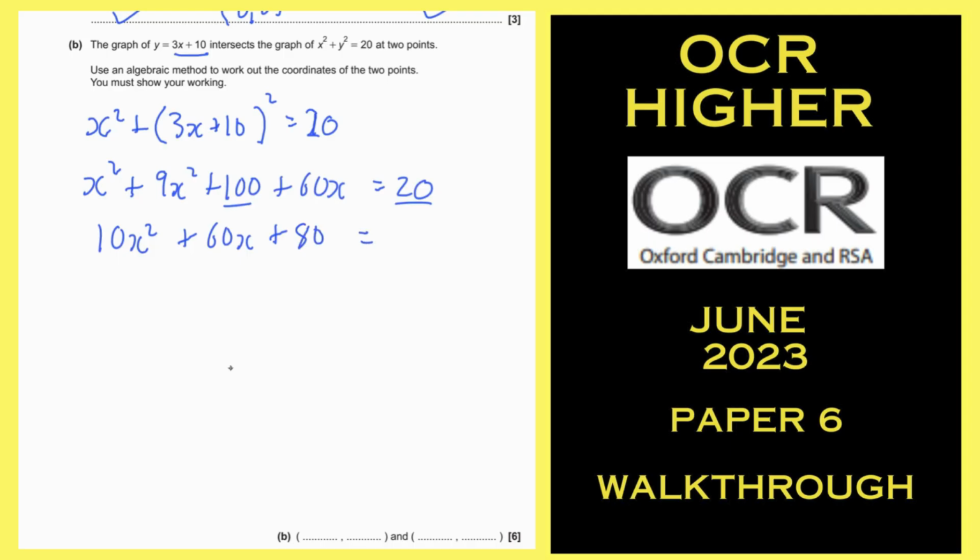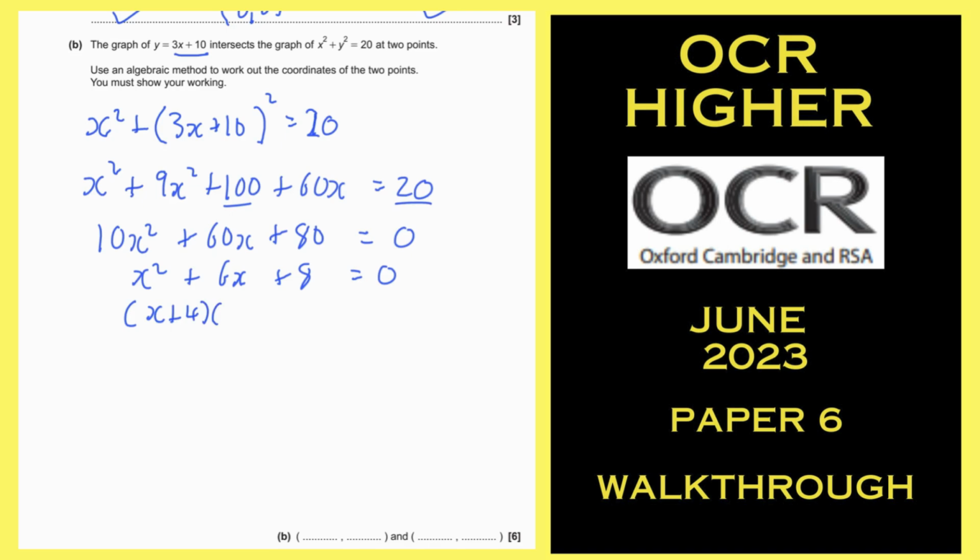And you could use a quadratic formula at that point, but when they're all in a certain times table, get them smaller, divide them by that common factor. And then sometimes, and as in this case, it's an easy one to factorize.